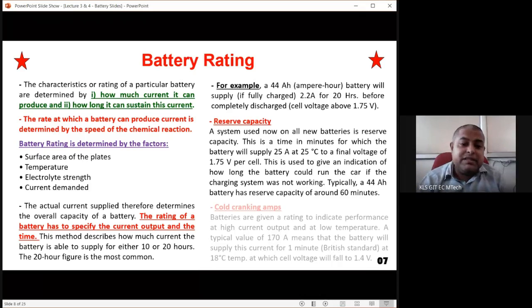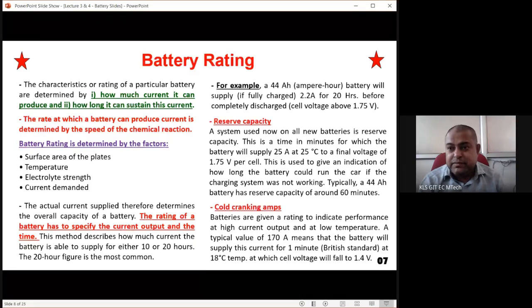The last example is cold cranking amps. Cold cranking amps means whenever the battery is in a very cold ambient condition, then not for 20 hours, not for 60 minutes, but in 1 minute, we check the accelerated testing condition of the battery.